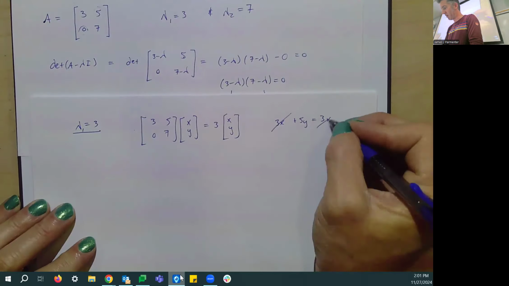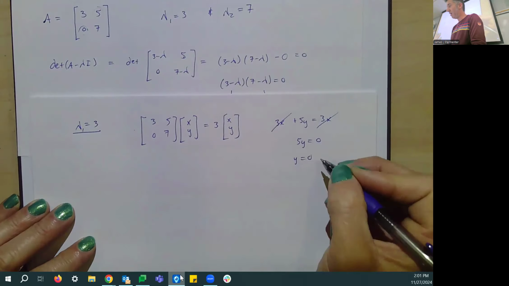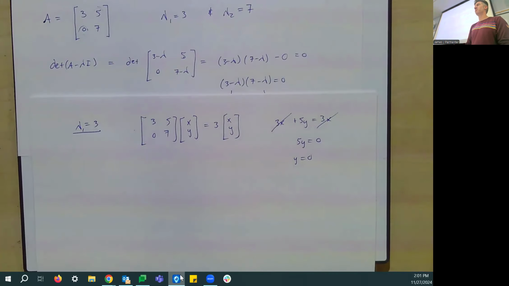So what are you left with? 5y equal to 0. So y equals 0. And if y equals 0, what's x going to be? Better question: what is x not allowed to be? What did I say couldn't be an eigenvector? Both zeros. So if one of the coordinates is 0, the other one can't be 0.